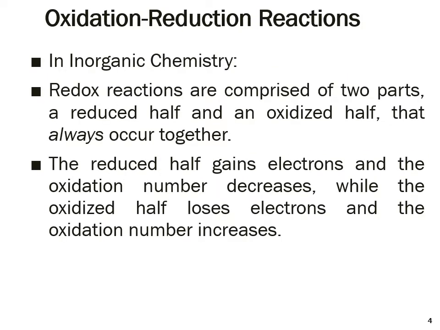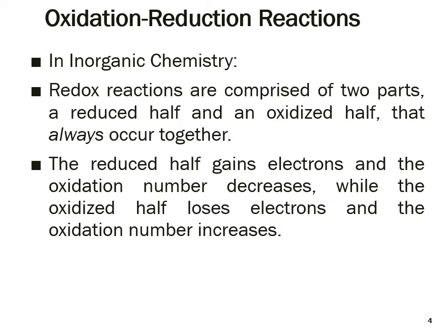If you look at the oxidation reduction reactions, we may define them differently in organic chemistry and in inorganic chemistry. In inorganic chemistry, redox reactions are comprised of two parts. One is a reduced half and the other one is the oxidized half.